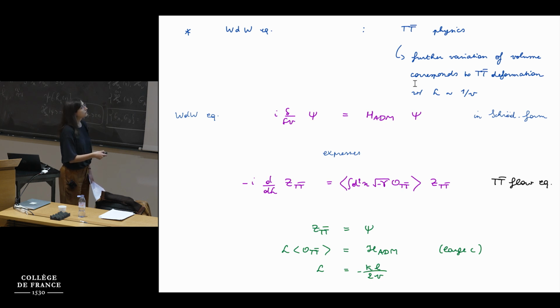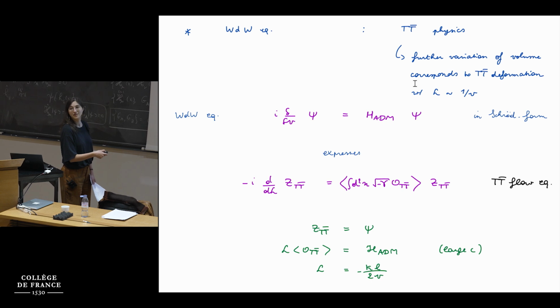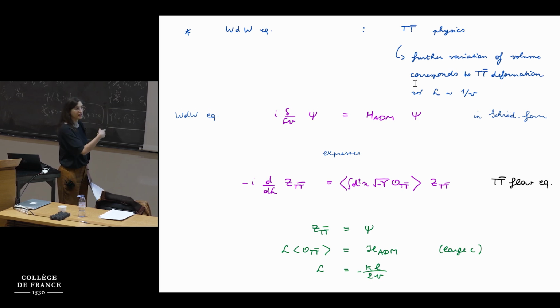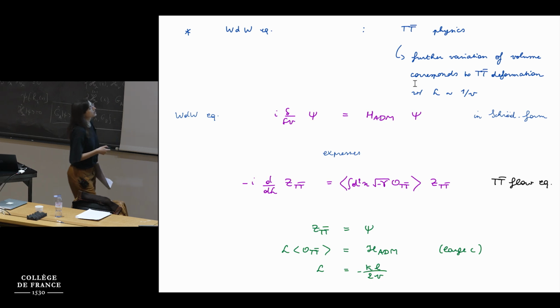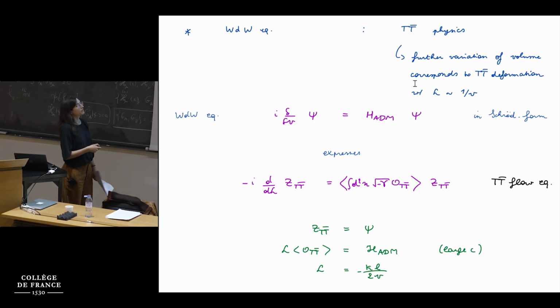This line you could write down from the flow equation for the TTbar action, which is the definition of TTbar that I gave in one of the first slides. And you can match that to this form of the Wheeler-DeWitt equation with the following relation between bulk and boundary objects: the gravitational wave function is your TTbar partition function.